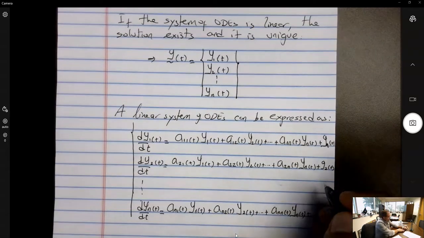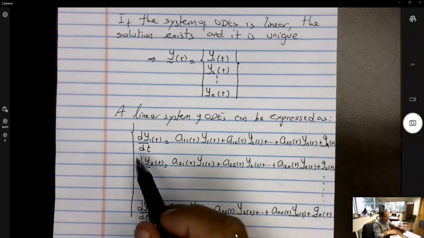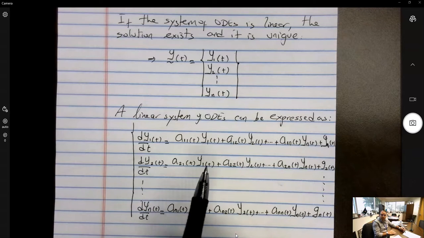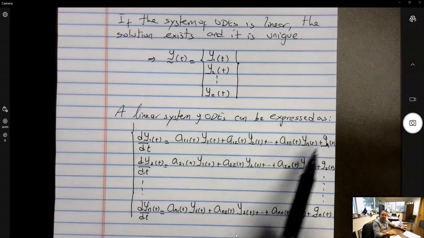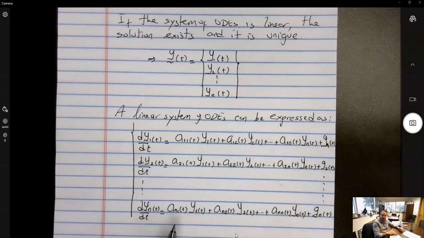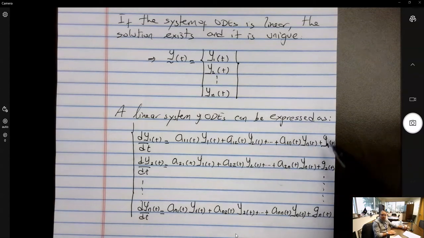So notice that we have again a complete system of n equations for the n different unknowns that are separated by distinct coefficients, and we have independent terms here, the non-homogeneous independent terms at the end.